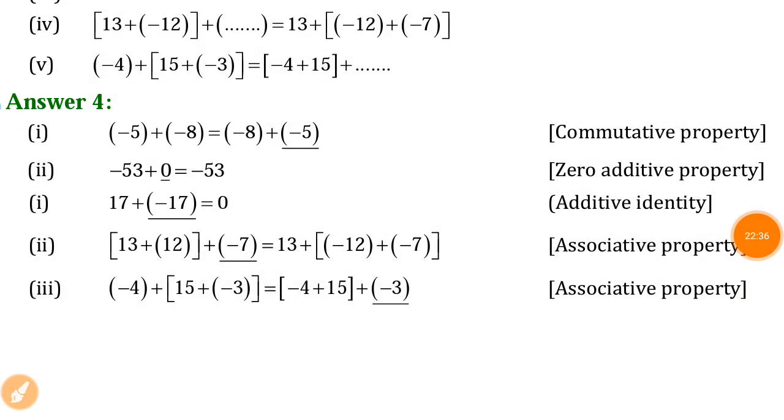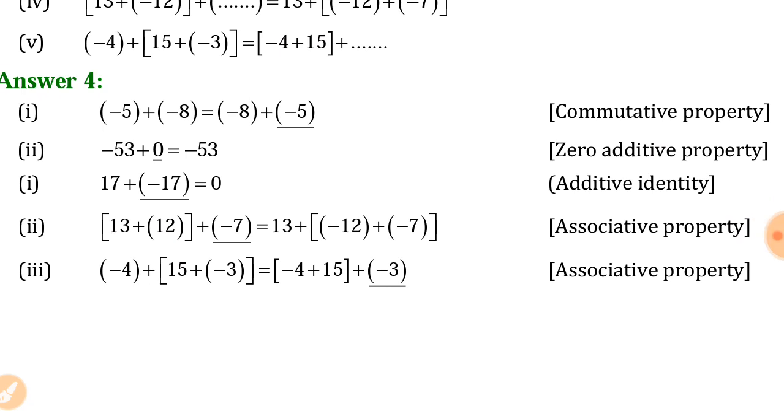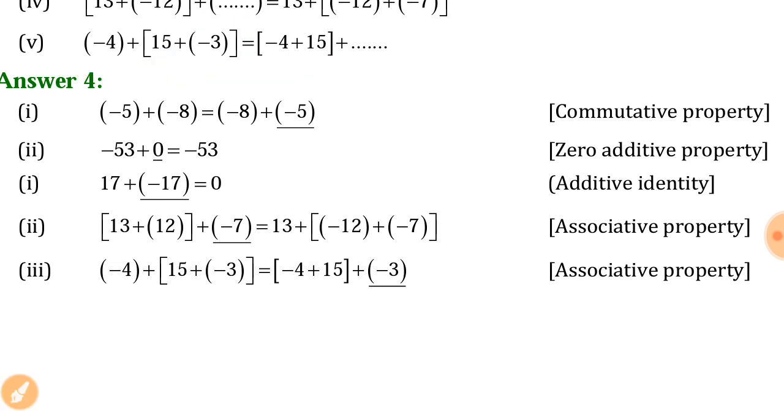Then the fifth one is also the same, the associative property of addition itself. See, minus 7 plus 15 plus 15. There is minus 3 here, so we can write it as minus 3. So here are the answers.